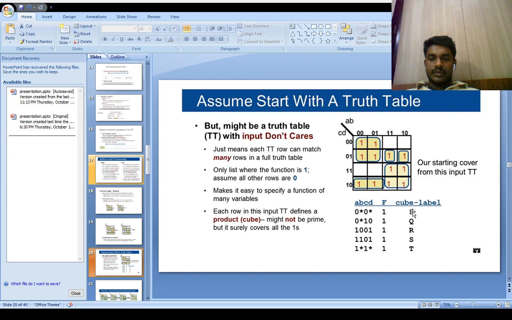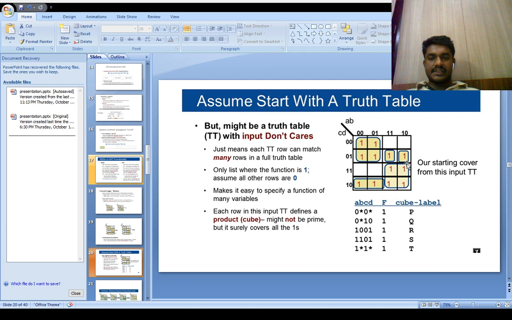Now here is an important topic called cubes, prime cubes and so on. Let us take this example where a b c d, and the star may be any value, 1 or 0. For these values we get output 1. This is one cube. This is one cube, this is one cube, these are all cubes.